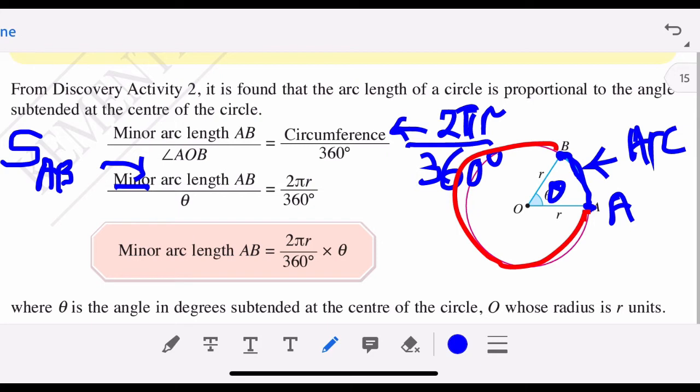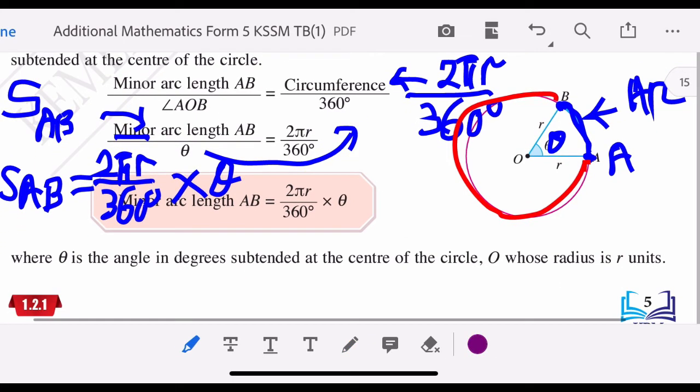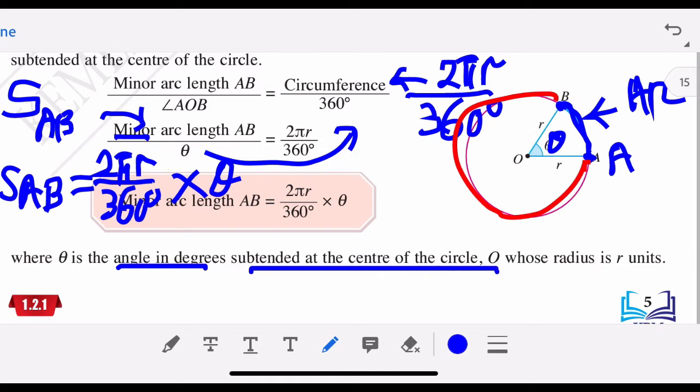Hence the arc length is 2 pi r over 360 degrees times theta, where theta is the angle in degrees subtended at the center of the circle.